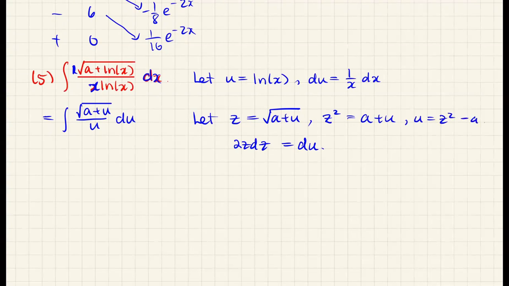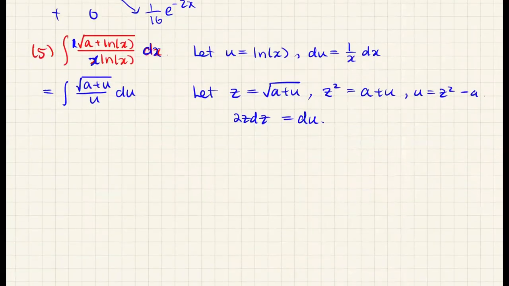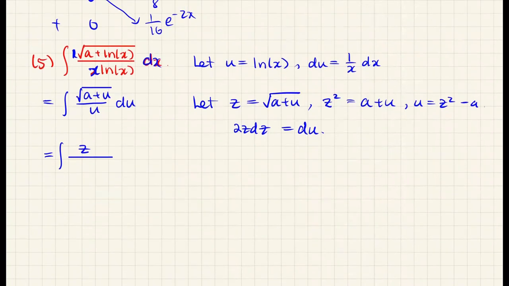All right. So let's have a look. Okay, so here we could also rewrite our integral now. So in terms of z, we have z on the top, and we're dividing it by u, where the u is now going to be the z squared minus a. And du is now going to be the 2z dz.